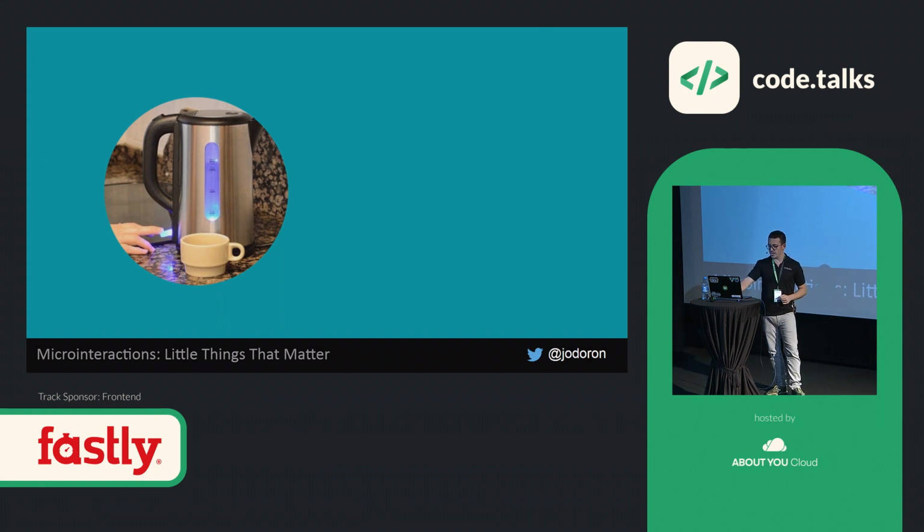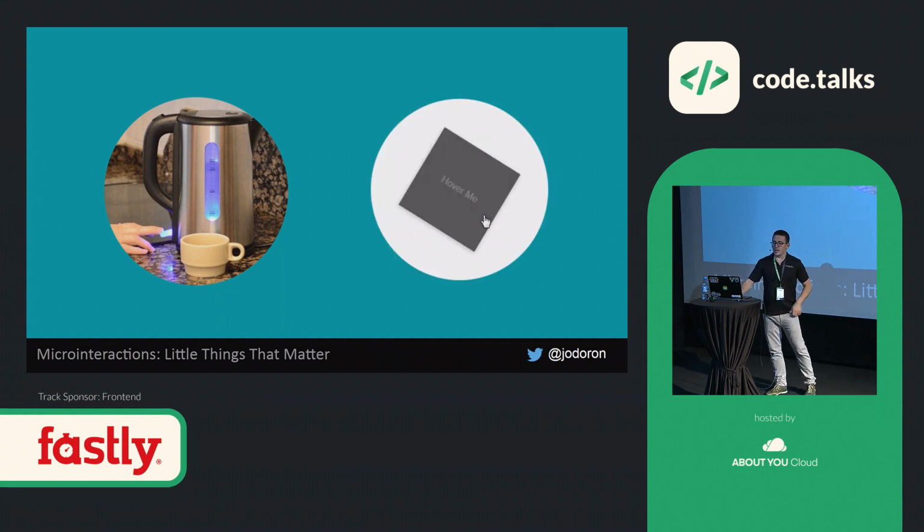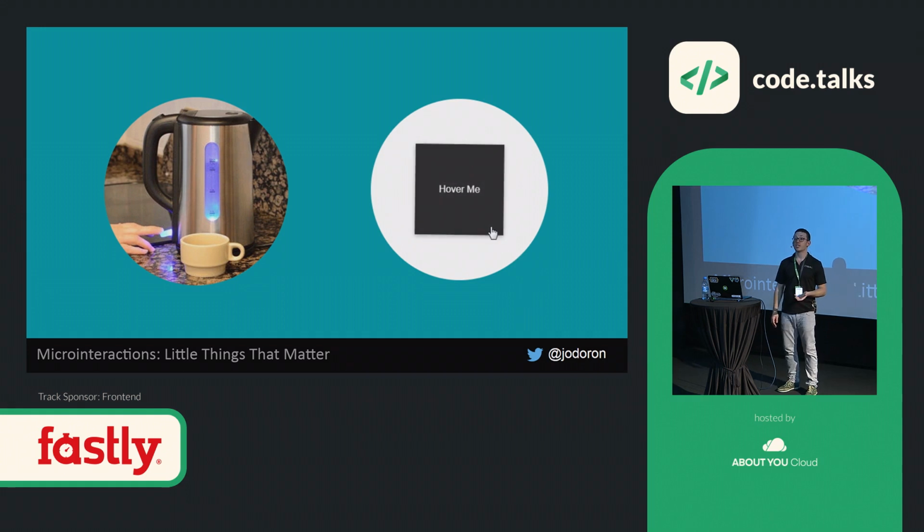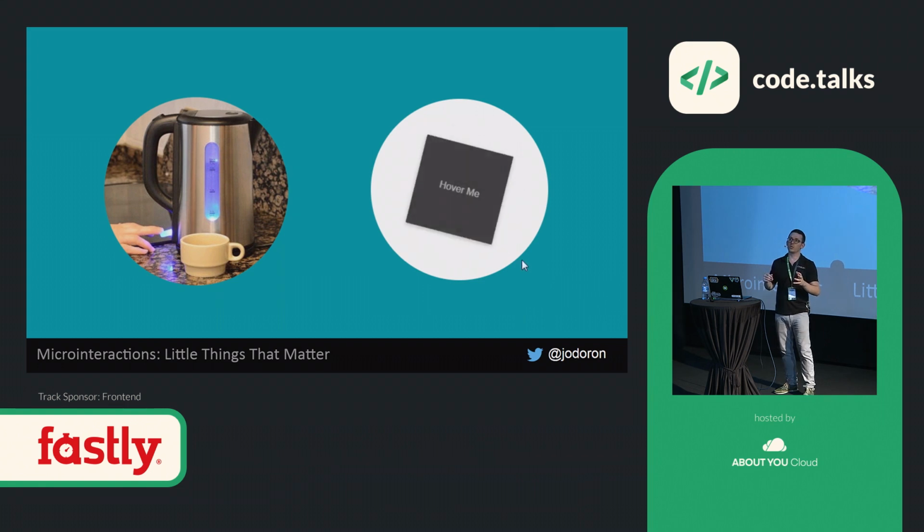And this is from the digital world, of course. Another small example is this card that I made that invites the user to interact with it. At first, this card is rotated sideways, for those of us who have OCD, and once you hover over it with the mouse, it goes perfectly straight and changes in opacity.